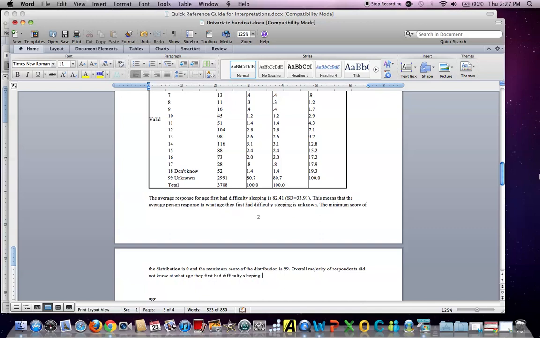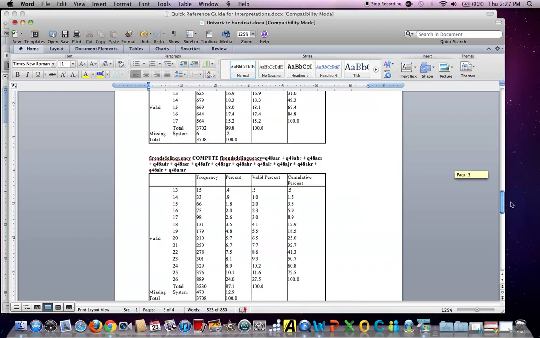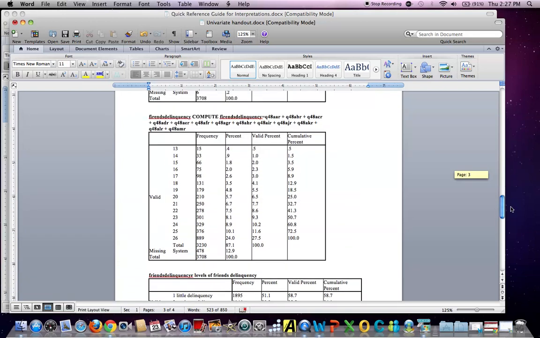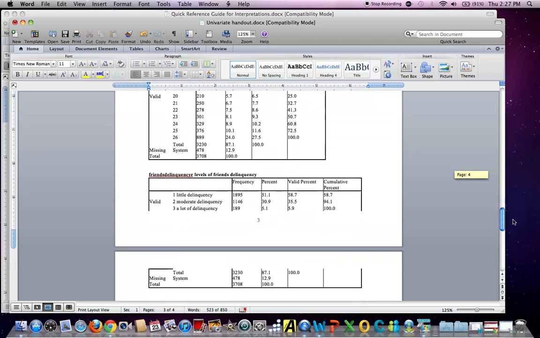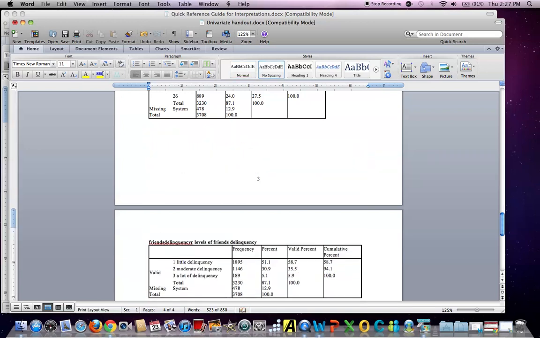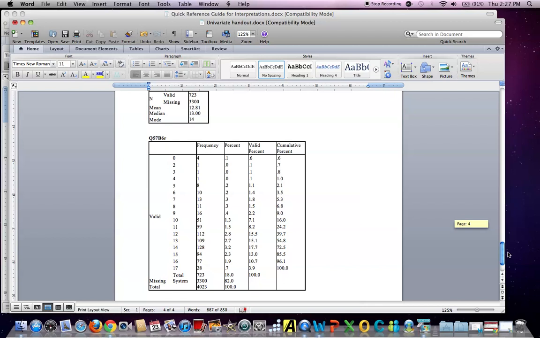Alrighty. Alright, now, what's left? I want you to do what's left. Age is left, friends delinquency. You have a computed friends delinquency, which gives you a distribution from 13 to 26, and then friends delinquency, which has been recoded to an ordinal level measure. And then what's left?